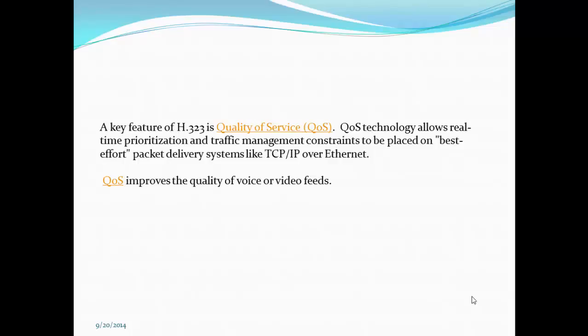What differentiates the data and the voice network is the quality of service. If we do not have quality of service, then the quality of voice or video will deteriorate.